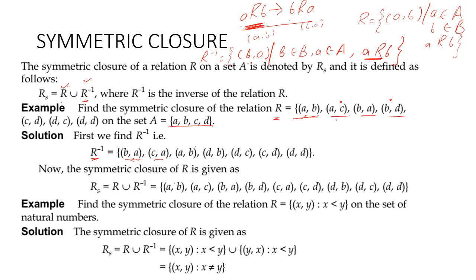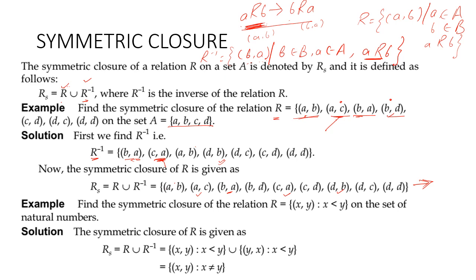BA and BA, they will be counted only once. AC comes from the original relation and CA comes from the inverse. BD comes from the original relation and DB comes from the inverse relation. So this relation is a symmetric relation. This is now the smallest relation which contains the original relation, and it is also symmetric in nature.